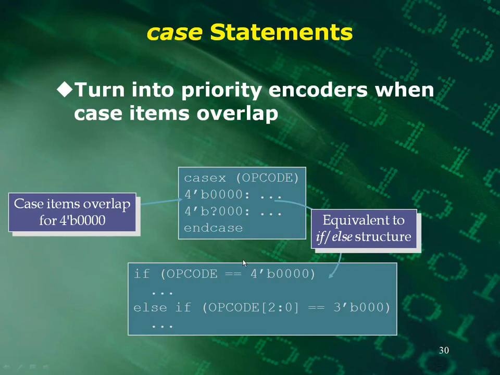So if the opcode is equal to 4'b0000, then you do whatever, this here. Else, if opcode[2:0], that's these lower 3 bits right here, it compares that to being 0 and then does whatever you want it to do. So that's how it's going to do it if it's not a so-called parallel case. It's where they overlap. So be aware of that.